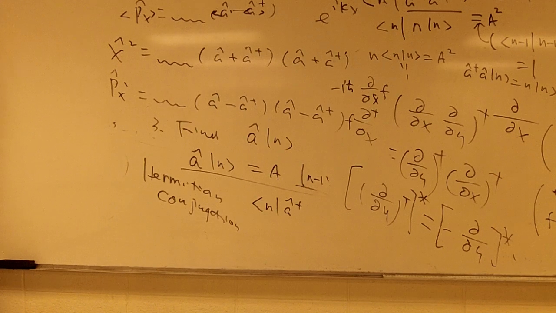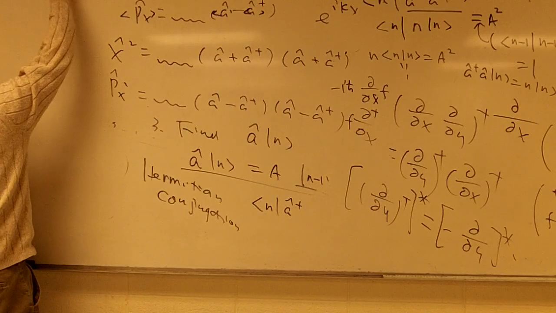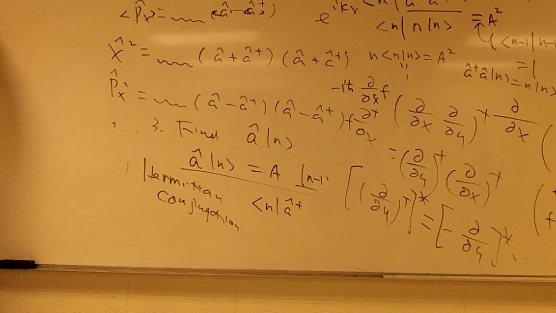A hat dagger applied to the eigenstate n gives the square root of n plus 1 times n plus 1. The n itself is the eigenstate of the harmonic oscillator.